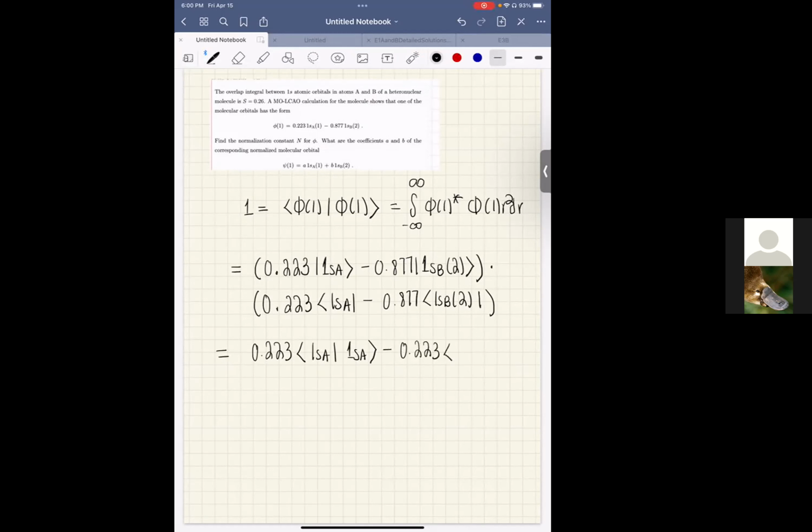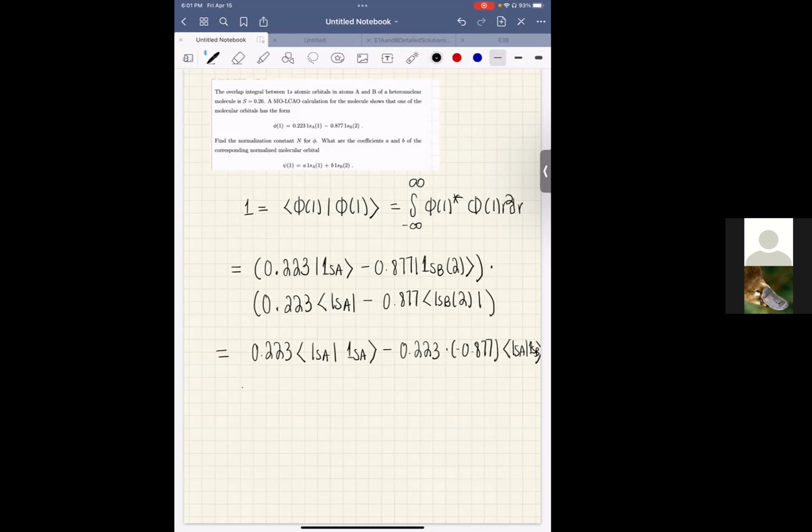0.223 times negative 0.877 times 1s_A, 1s_B.